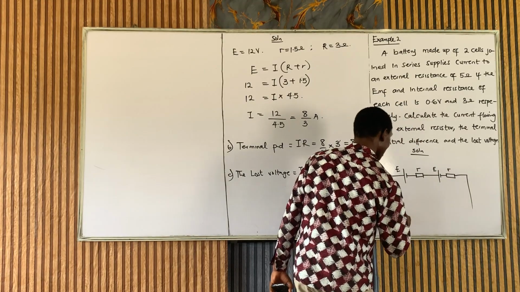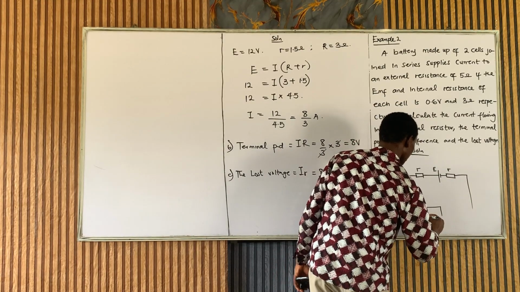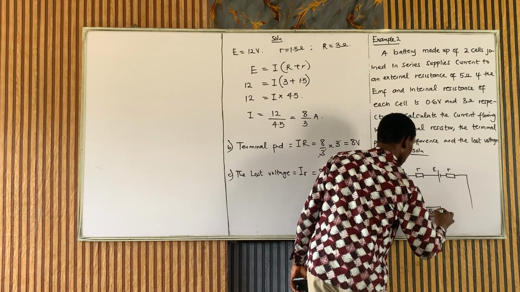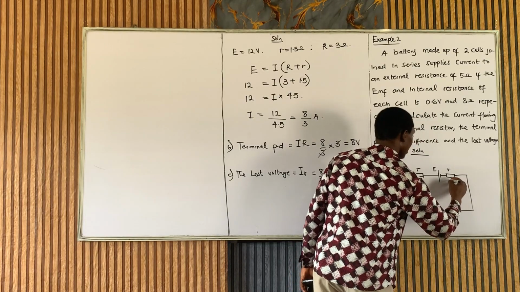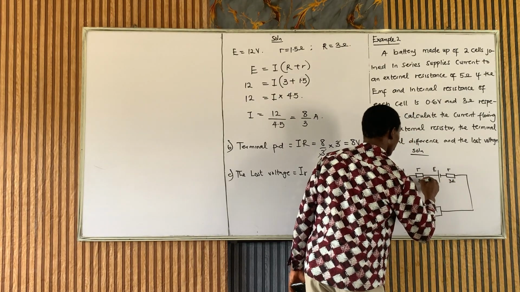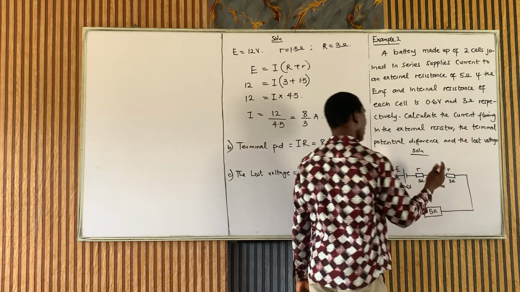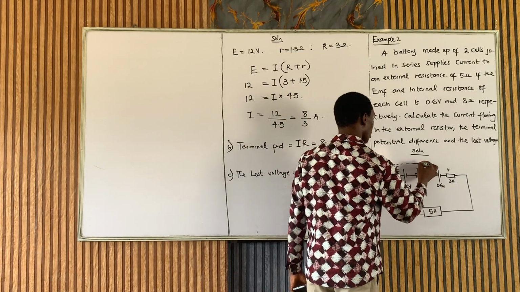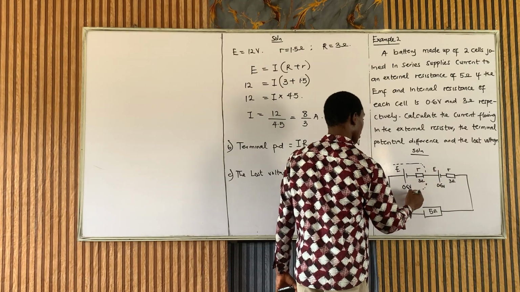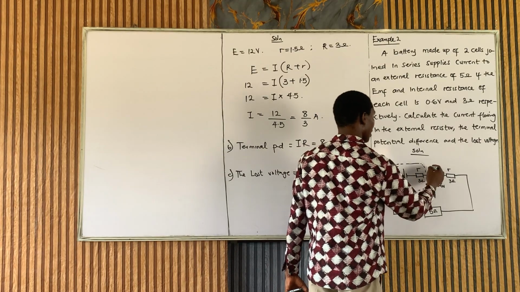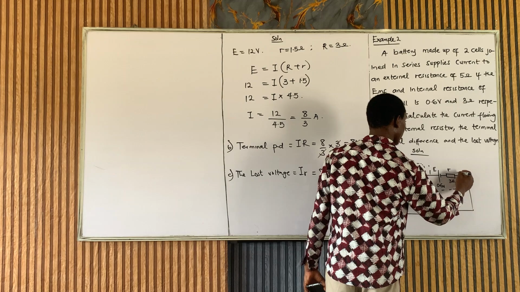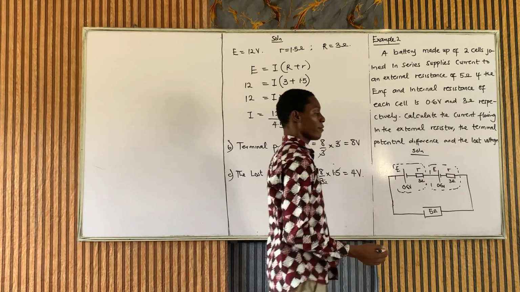Now connected to an external resistance, which is 5 ohm. This is 3 ohm, and this is 3 ohm. And this is 0.6 volts, and this is 0.6 volts. So this is how it is, just 2 cells. This is the first cell, and this is the second cell.